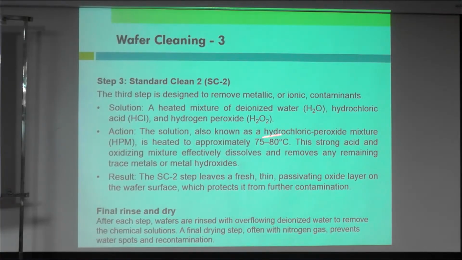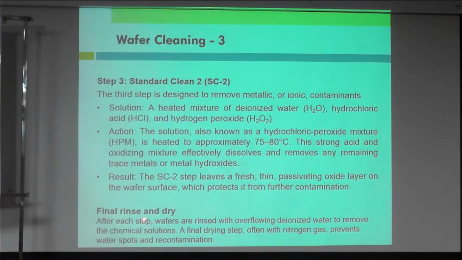This strong acid and oxidizing mixture effectively dissolves and removes any remaining trace metal or metal hydroxide. The result of the SC2 step, standard clean step 2, is a fresh, thin, passivating oxide layer on the wafer surface, which protects it from further contamination.